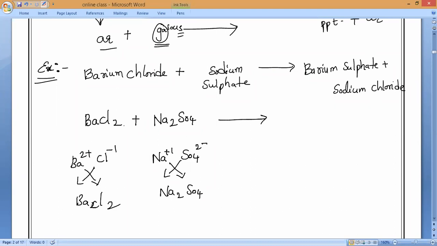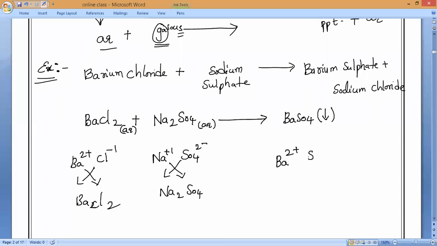What is the state of this, guys? Aqueous. Kindly remember, aqueous state. It will form barium sulfate. Now you can tell me barium sulfate, what will come? BaSO4. It is the precipitate, shown with a down arrow. Down arrow means precipitate.